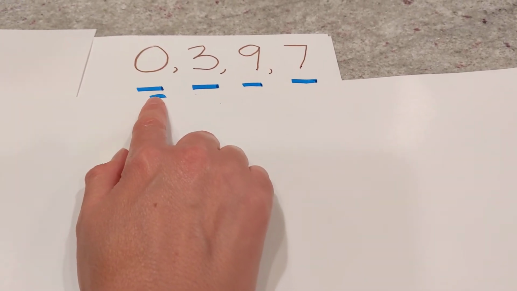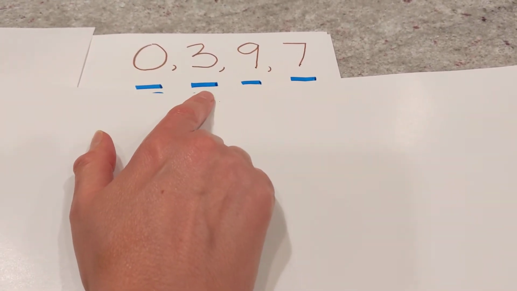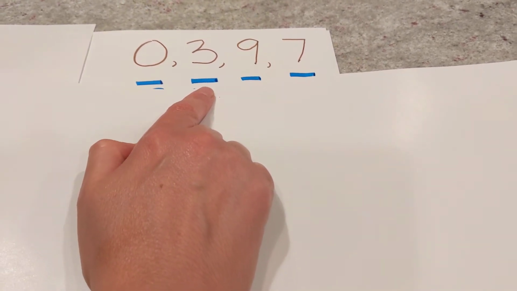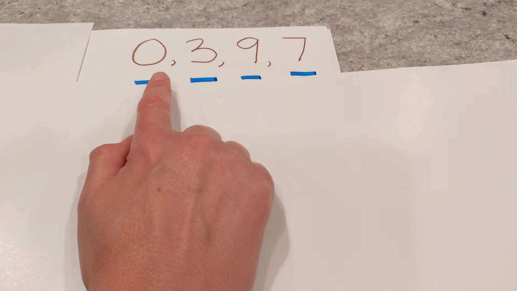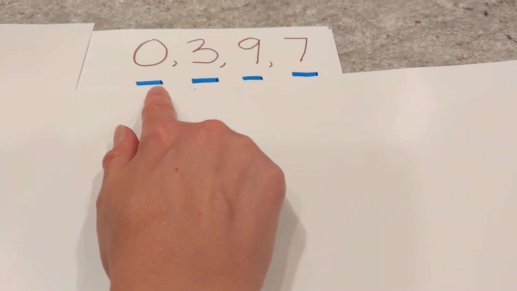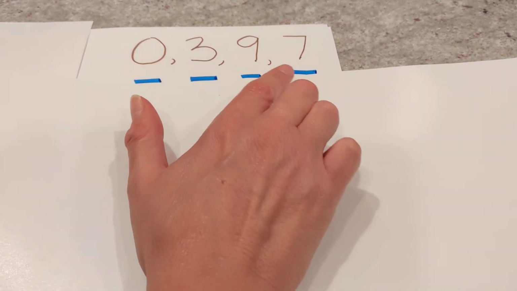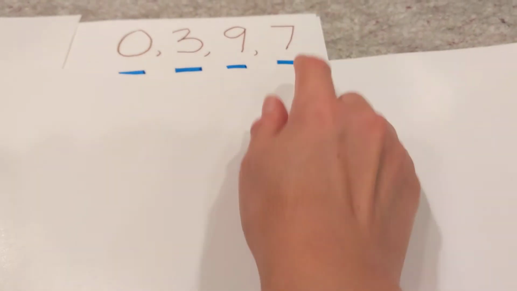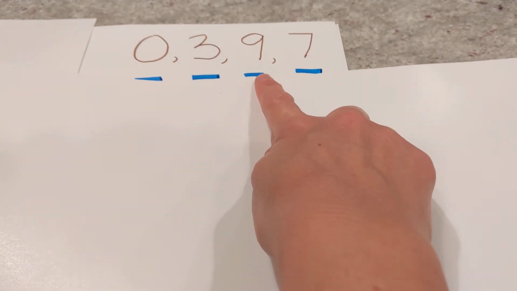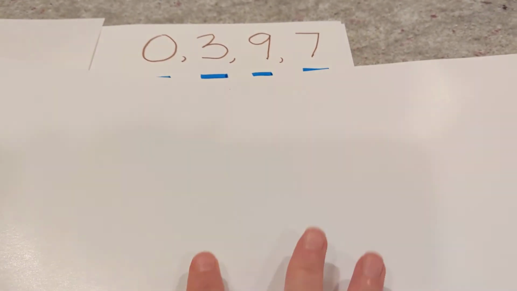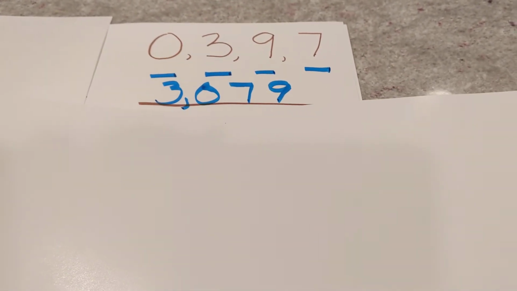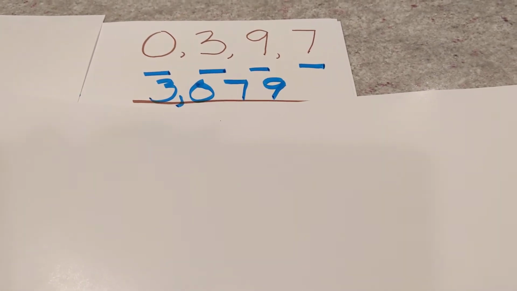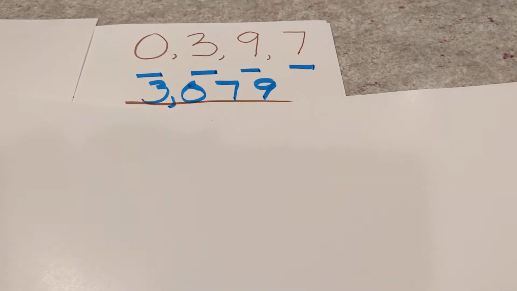We can't. So I would go to my next smallest number, which is a 3. Then I want my smallest number for my hundreds, which would be 0. My next smallest number for my tens, 7. And then my next smallest number, 9. So my smallest number I can make with those 4 digits would be 3,079.